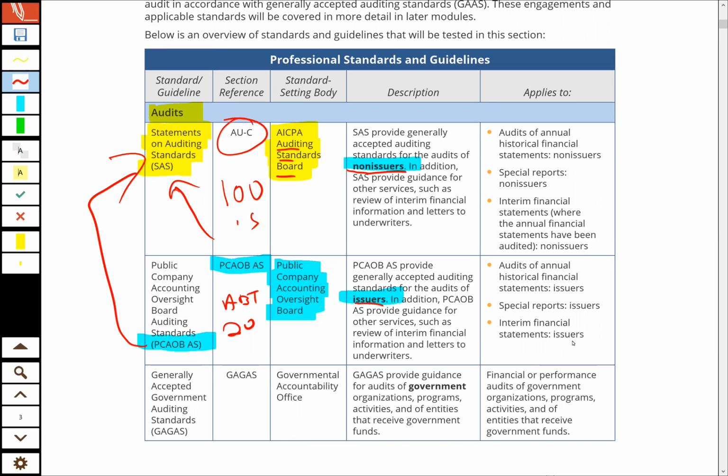So in many cases, we'll be talking about the standards that are required, and we'll call out an AUC, or we'll say the Auditing Standards Board requires this, and you'll say, well, what about public companies? If we don't talk about something different or additional for public companies, then you can assume that the non-public company rule also applies to the public companies.